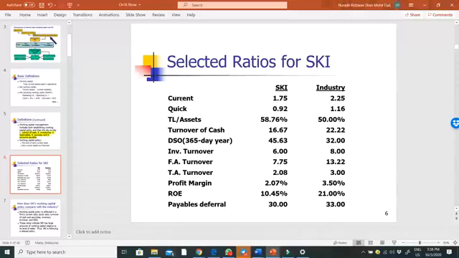Do you remember what the current ratio is? Current ratio is current assets over current liabilities. What is the quick ratio? Current assets minus inventory over current liabilities.